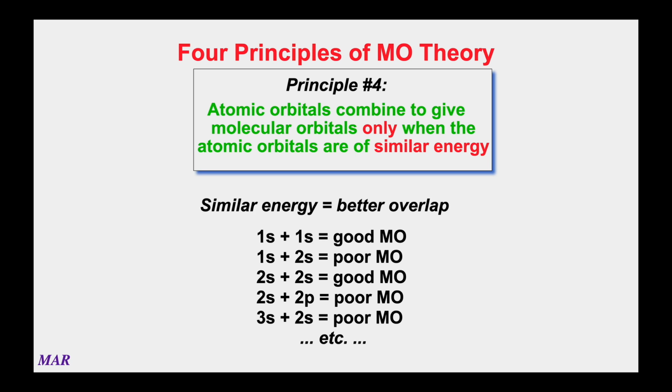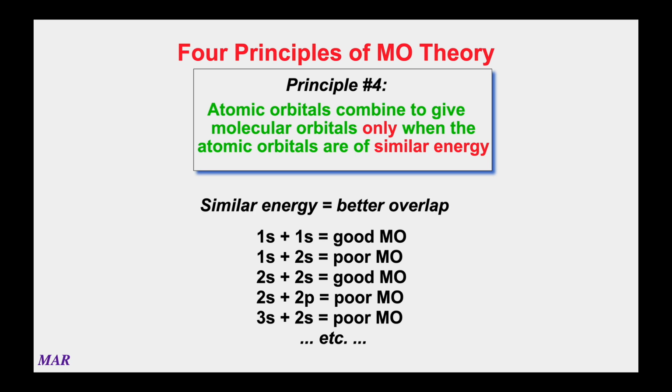And that's why in this class, we're just going to look at things up to dineon, because up to dineon, 1s only interacts with 1s, and 2s only interacts with 2s, and 2p only interacts with 2p. If you wanted to do, say, chlorine with 3p, well, 3p and 3s mix a little bit, and 3p and 4s mix a little bit. The orbital mixing gets more complicated. So again, this is where the TI 2000 one day will take care of this, but in the meantime, we're stuck with simpler examples.